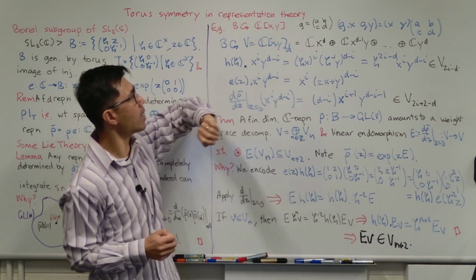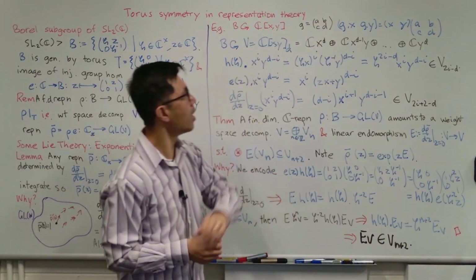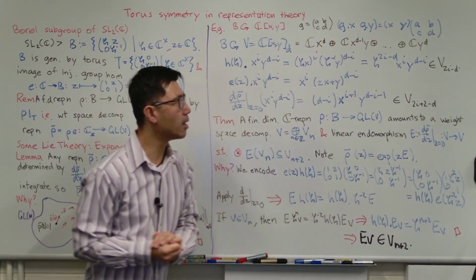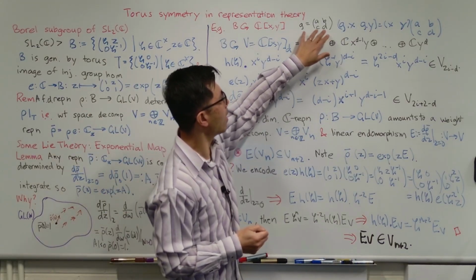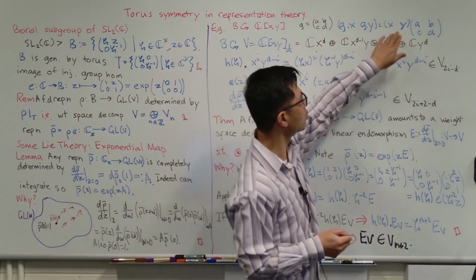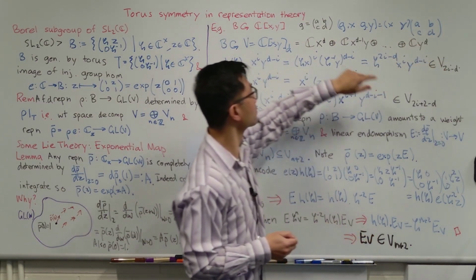I want to tell you how some G acts on this. I'm just going to tell you what G dot X is and what G dot Y is. The easiest way to do that, and to understand where the natural action comes from, is to write this as the matrix product X, Y times the matrix A, B, C, D.